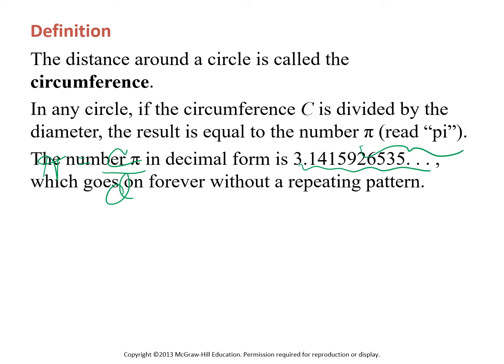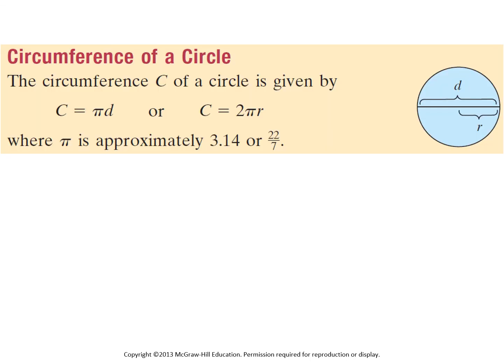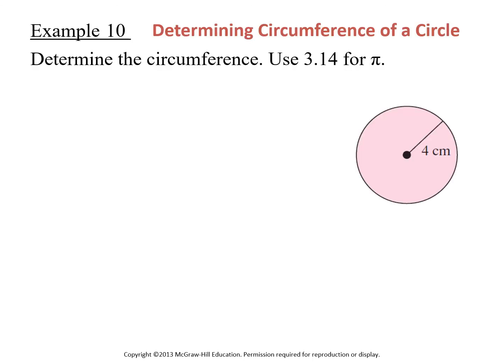It's an irrational number. So the formula for the circumference of a circle is either pi times diameter or 2 times pi times the radius. And pi, we're going to approximate to 3.14 or 22/7 if we're dealing with fractions.